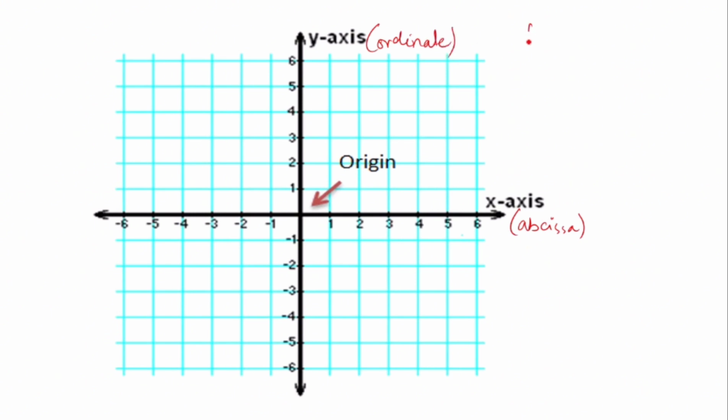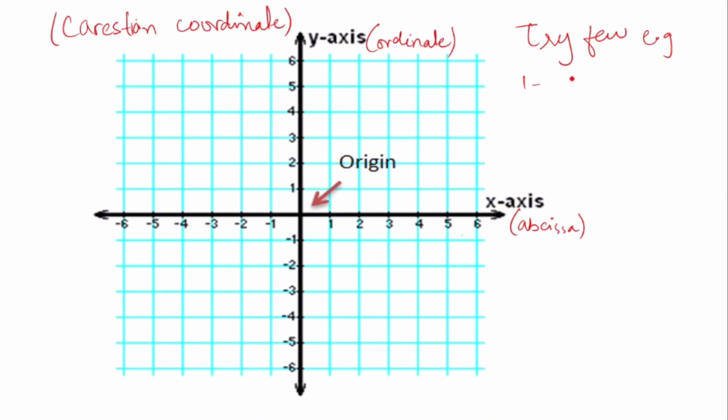Now let's try some examples. We are going to try a few small examples. We will locate a few points in this Cartesian coordinate plane. Now I want you to locate a few points for me.